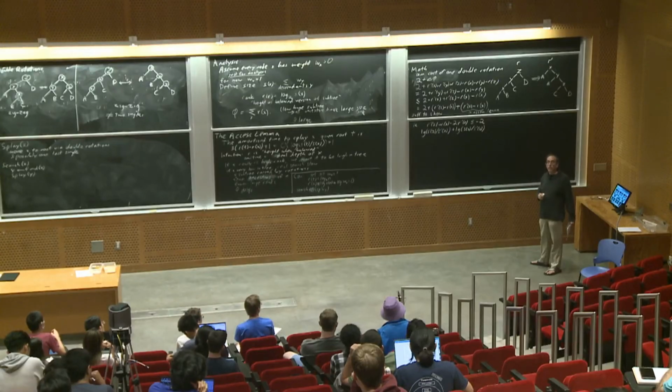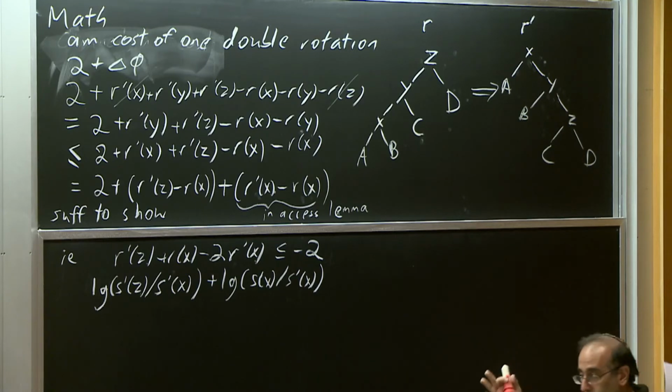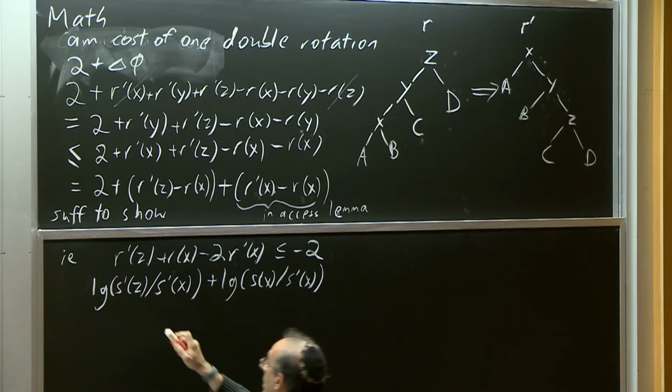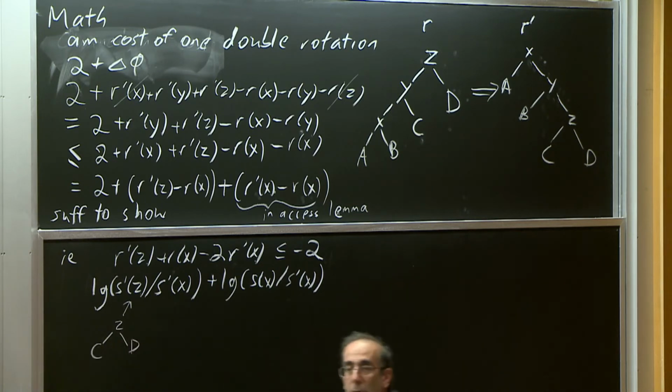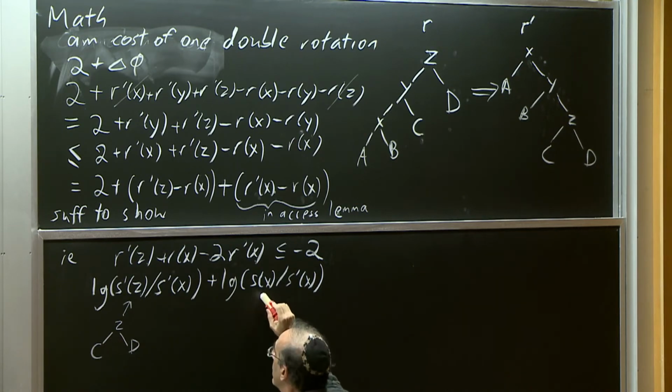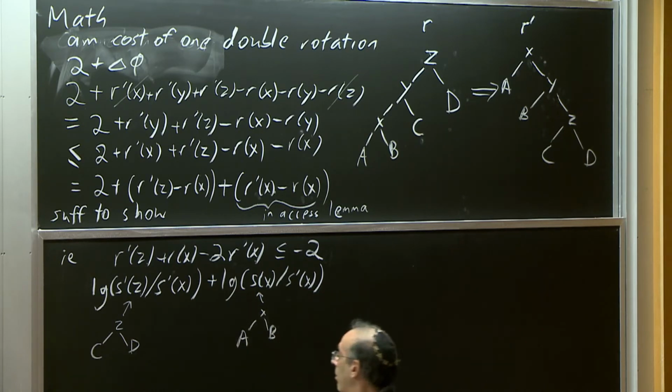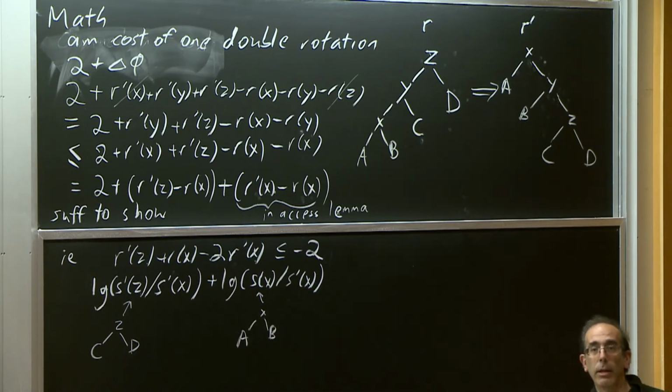A, B, and C, and D, but let's be specific about that, right? So s prime of z here is determined by where z is after the rotation, right? And s of x is determined by where x was before the rotation, right?